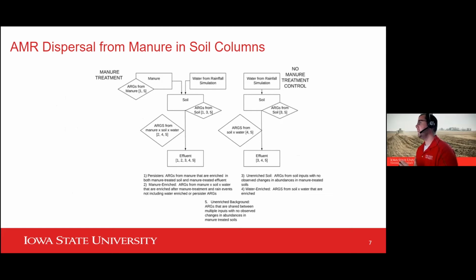So then they had these two different treatments, and what they're going to do is some rainfall simulators. So they're 6-inch PVC columns, roughly 50 centimeters long, so a good size column, and then periodically they're going to run rainwater through that column, either with manure being applied previously or without manure being applied previously, looking at what's moving through the soil, right? So what moves into that leachate water, similar to what would make it into a tile line.